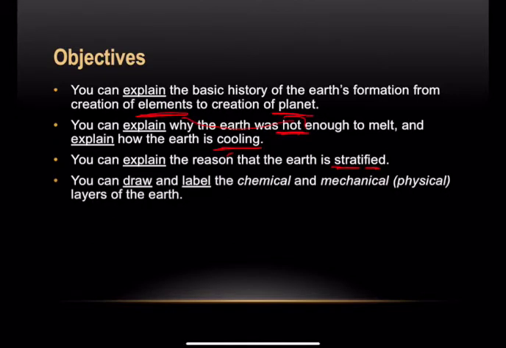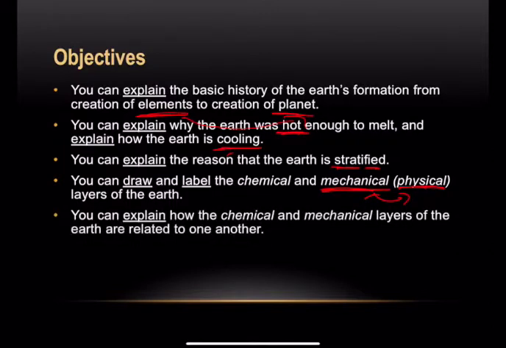You'll be able to draw and label the chemical layers of the Earth and the mechanical physical layers of the Earth. When I say in this class mechanical or physical, they mean the same thing. So sometimes I might say mechanical, sometimes I might say physical. They mean the same thing. You'll be able to explain how the chemical layers of the Earth and the mechanical layers of the Earth are related to one another.